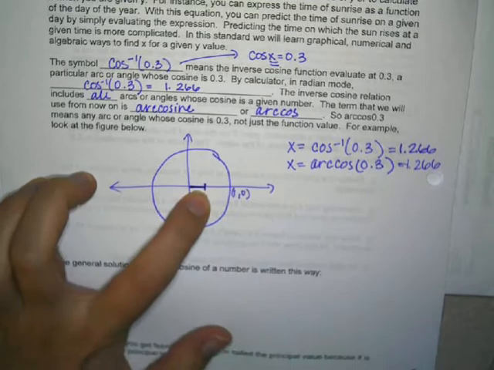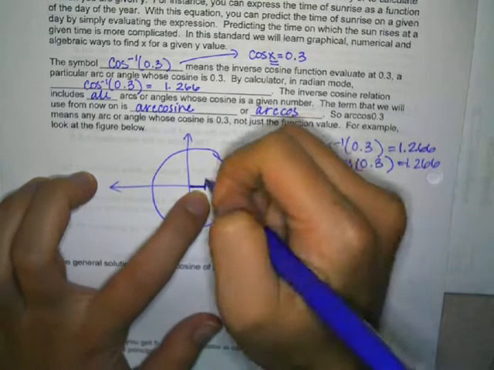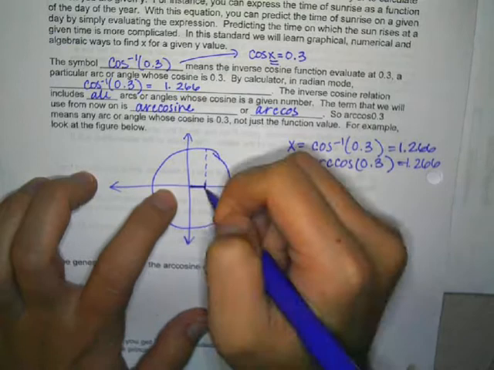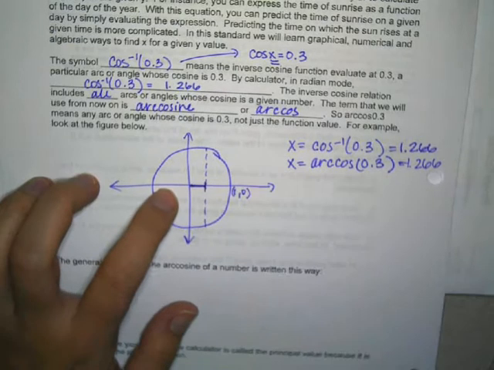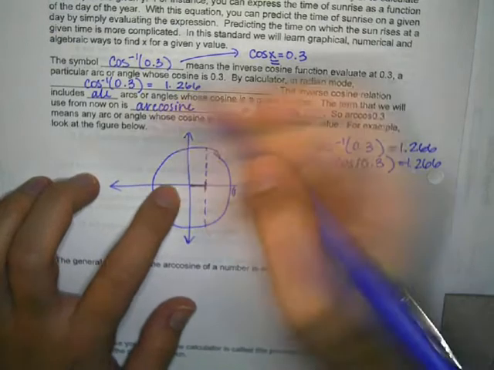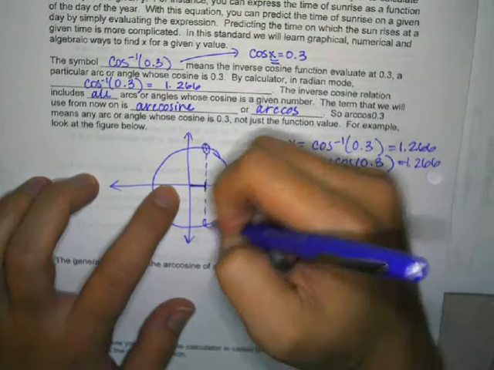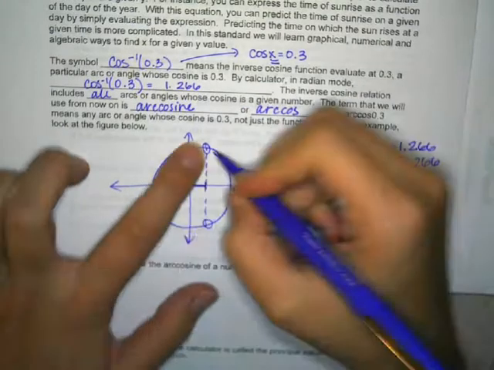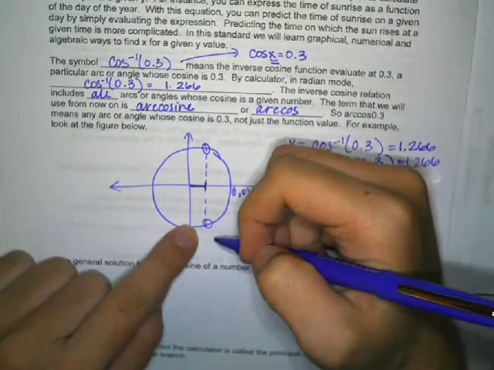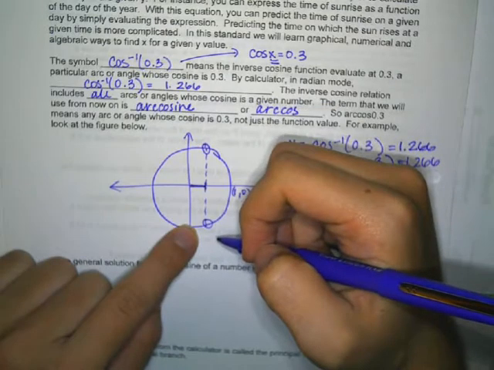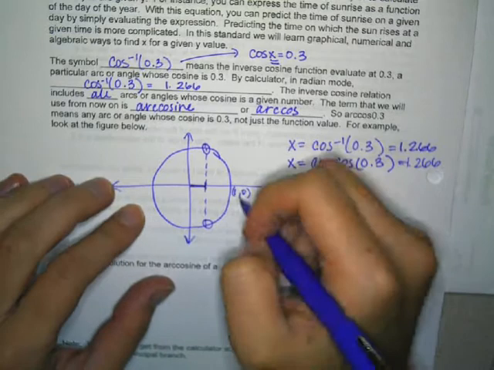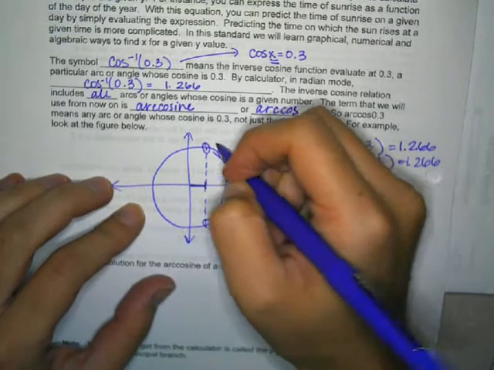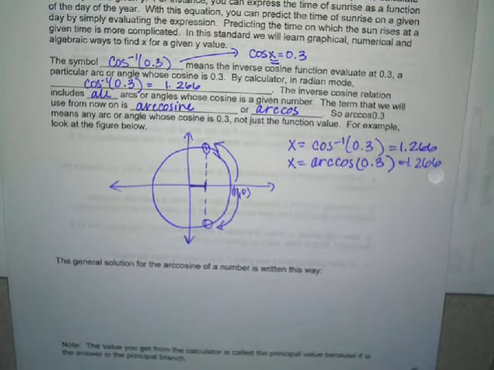There's 0.3. If we were to plug that in, according to this function, we would get two values. It matches up with two different y values on this unit circle. It matches up with 1.266 and negative 1.266. But that's because this arc this way and this arc this way are the same measurement.